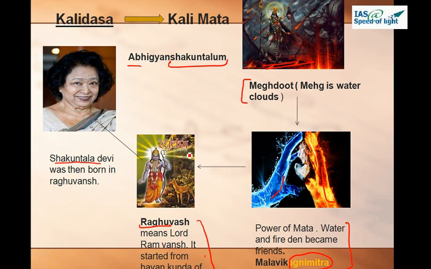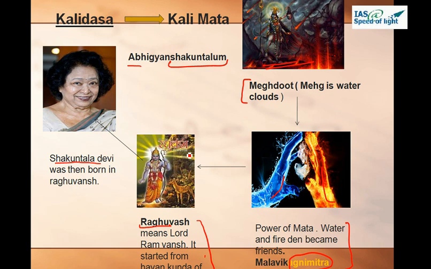Right. So this is some part we are doing now. When we do phase 2 of mnemonics of ancient history, you will see we will deal with each book in much more detail. So now close your eyes. Kalidasa, Kali Mata, Meghdut, the carrier of the water clouds.